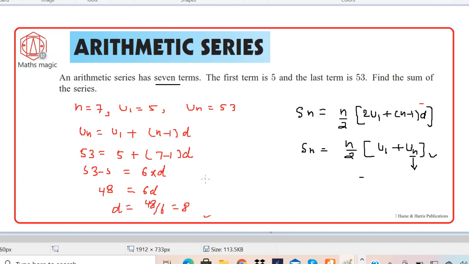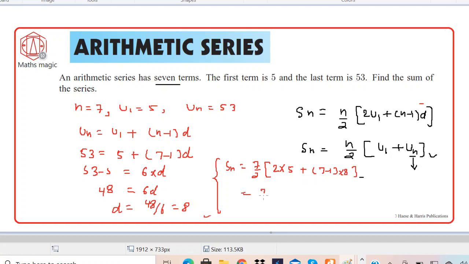Now we can use the first formula, n by 2. So we have n as 7, so 7 by 2, times (2u1, so u1 is 5, then again 7 minus 1, and d we found is 8, so times 8, bracket close).